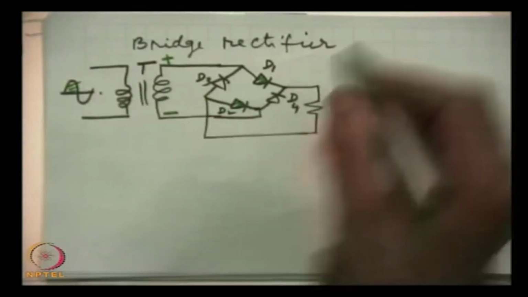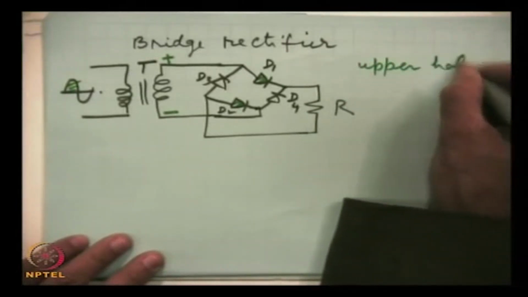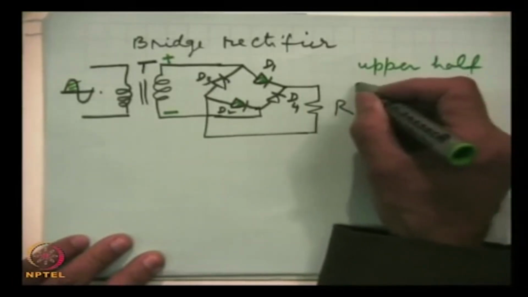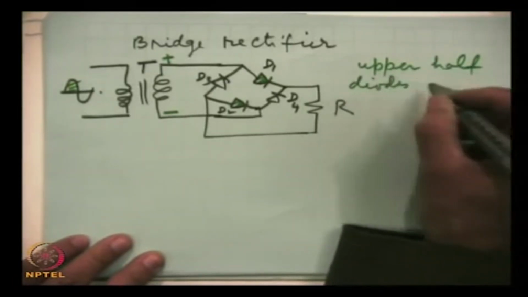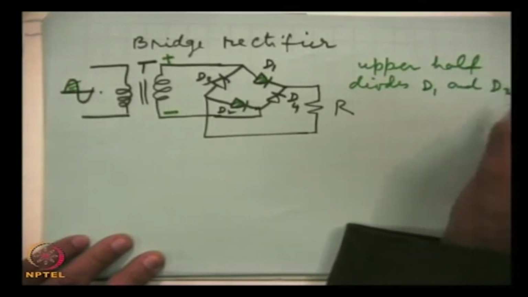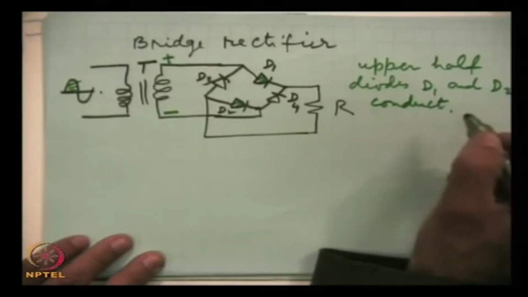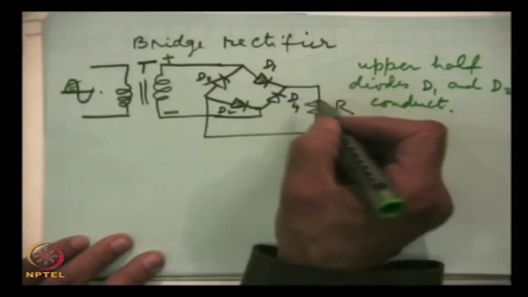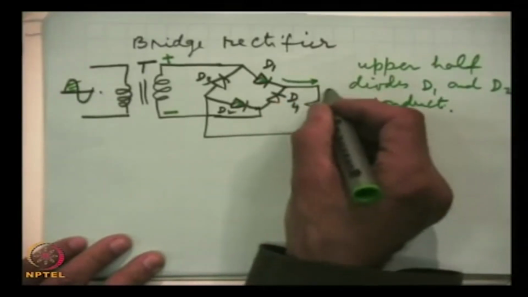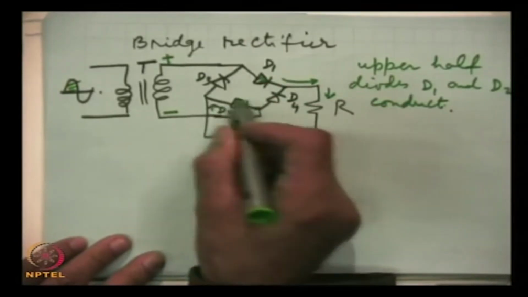So for the upper half, diodes D1 and D2 conduct. The current will flow like this, from here goes here, here and so on.